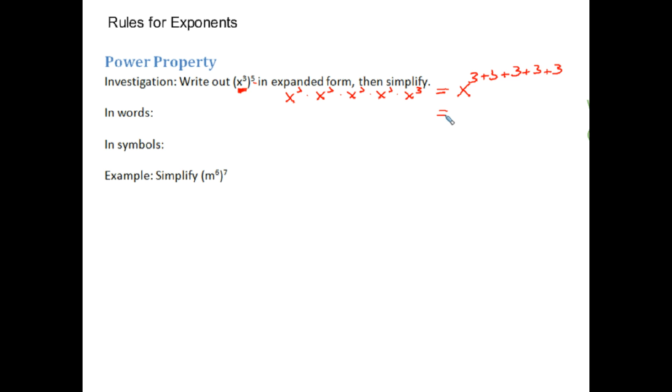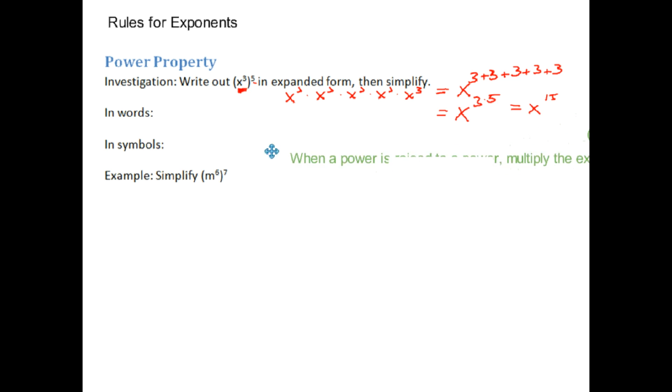Well, we learned back in elementary school that with repeated addition, you can just multiply. So this is really x to the 3 times 5, which is x to the 15. Hopefully what you notice here is another property: if we have a power raised to a power, like x cubed to the 5th, that's just going to be x to the 3 times 5, which is x to the 15th.